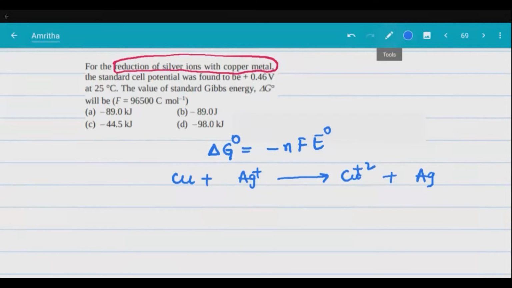Like transition elements: copper can have +2 or +1 oxidation number, silver can have only +1, scandium can have +3, iron can have +2 and +3. You will get to know this in the respective blocks, like the D block, and in the P block elements like lead and tin. When you revise group wise, you will get to know the general oxidation numbers.